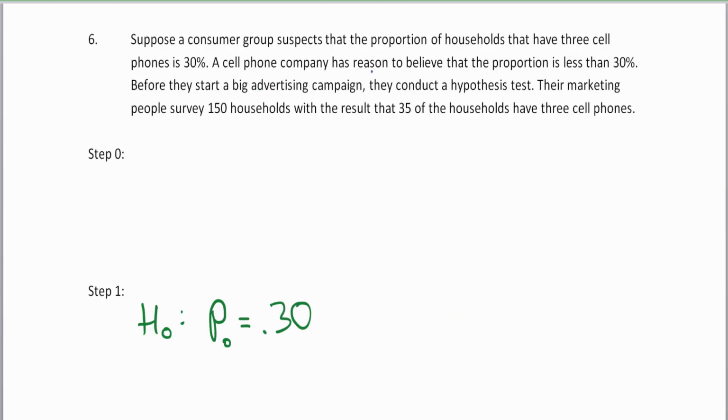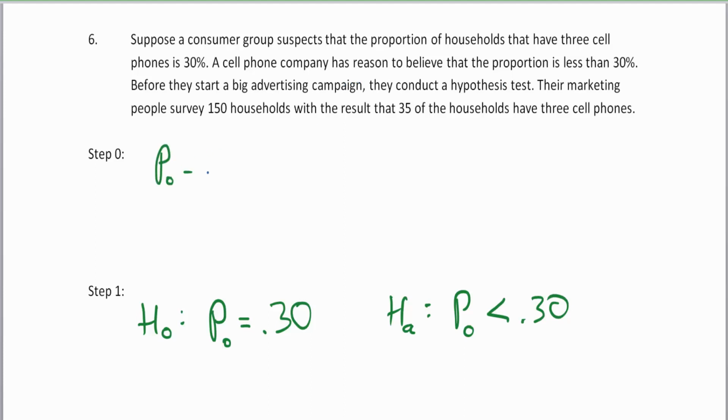A cell phone company has reason to believe that the proportion is less than 30%. So there's our alternative. P sub 0 is less than 0.30. So this is a left tail or one tail test.